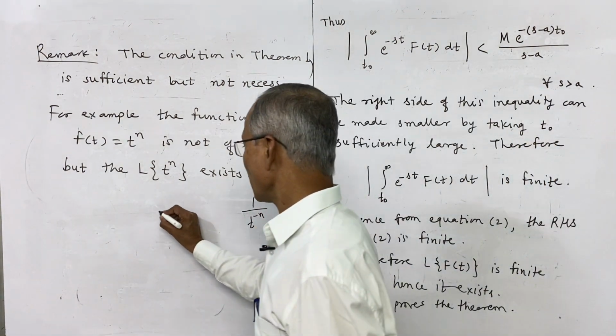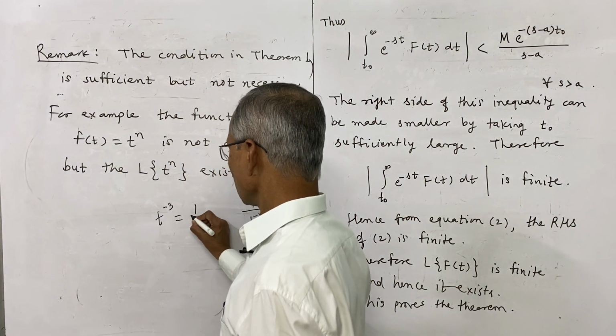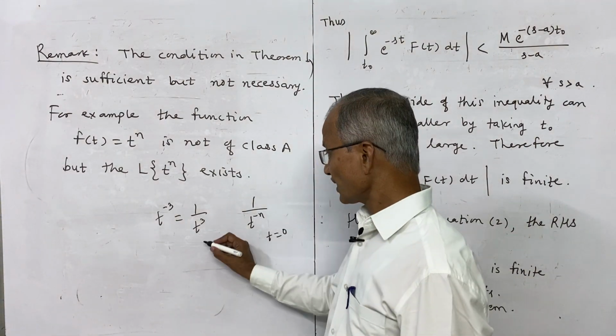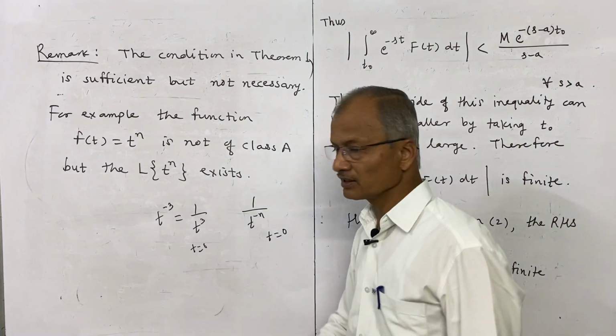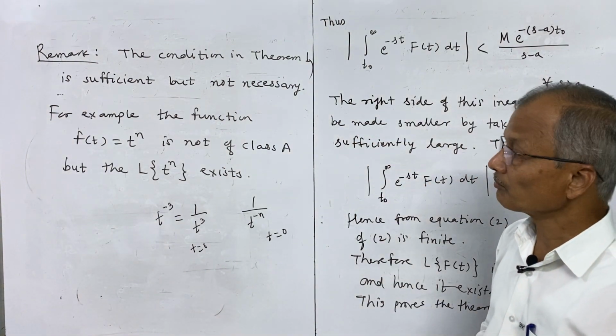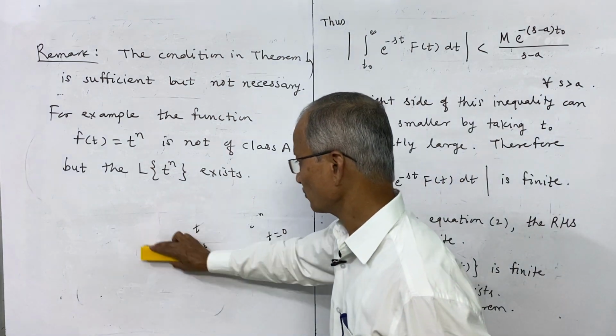For example, if you consider t raised to negative 3, then that can be written as 1 over t cube. This function does not exist at t equal to 0, and therefore it is not a function of class A, but still the Laplace transform exists. That also we have to note.